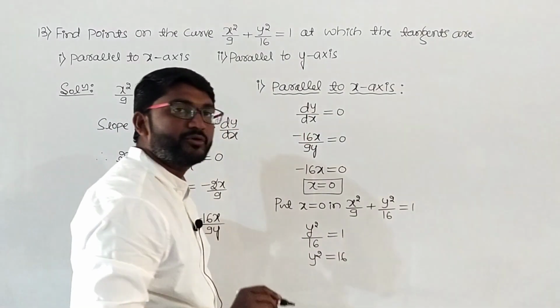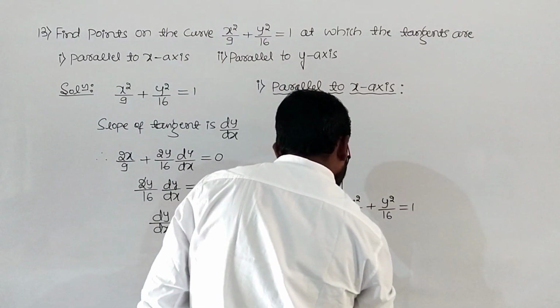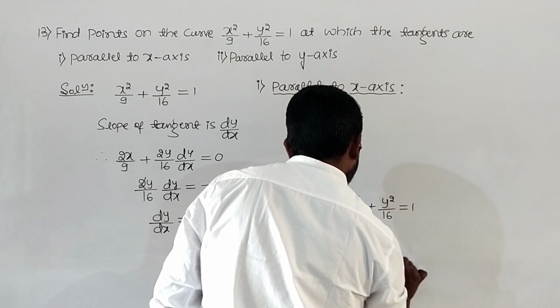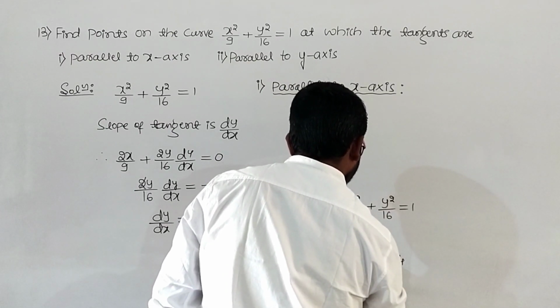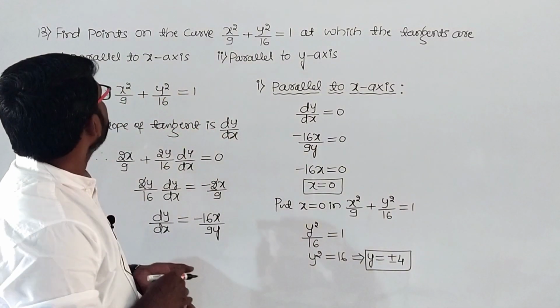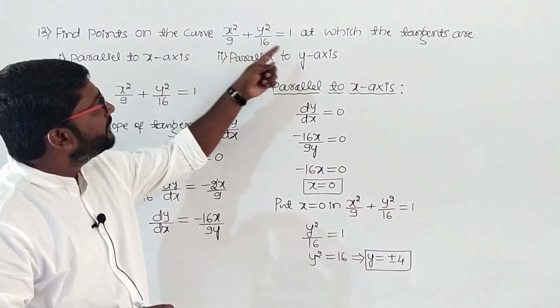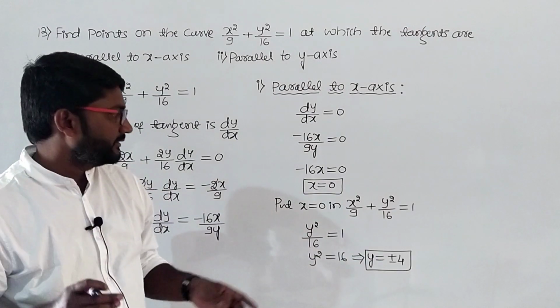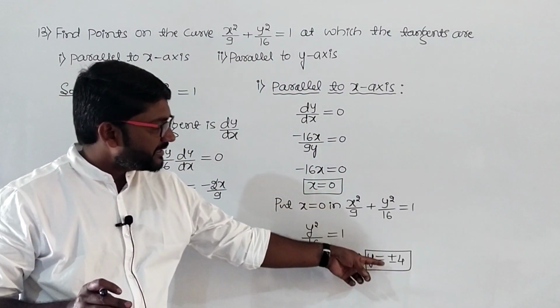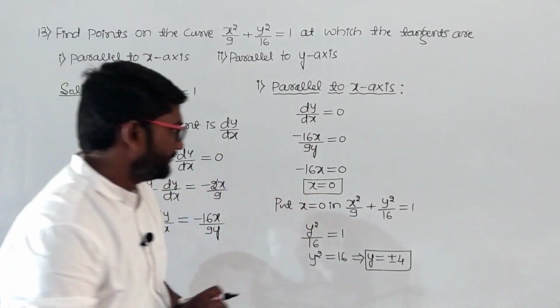This implies y equal to plus or minus 4. So what is the required point now? Find points on the curve at which the tangents are parallel. Therefore the required points are 0 comma plus 4 and 0 comma minus 4.